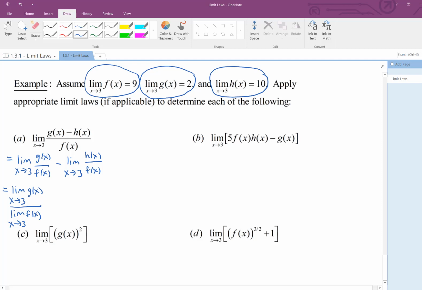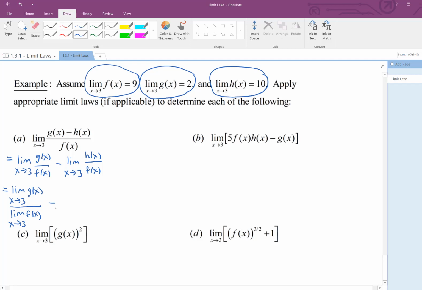So in the first step, we're splitting up the difference of the different ratios. And now the difference of the ratios also have quotients in each of them, so I'm splitting up the quotients using my limit laws.